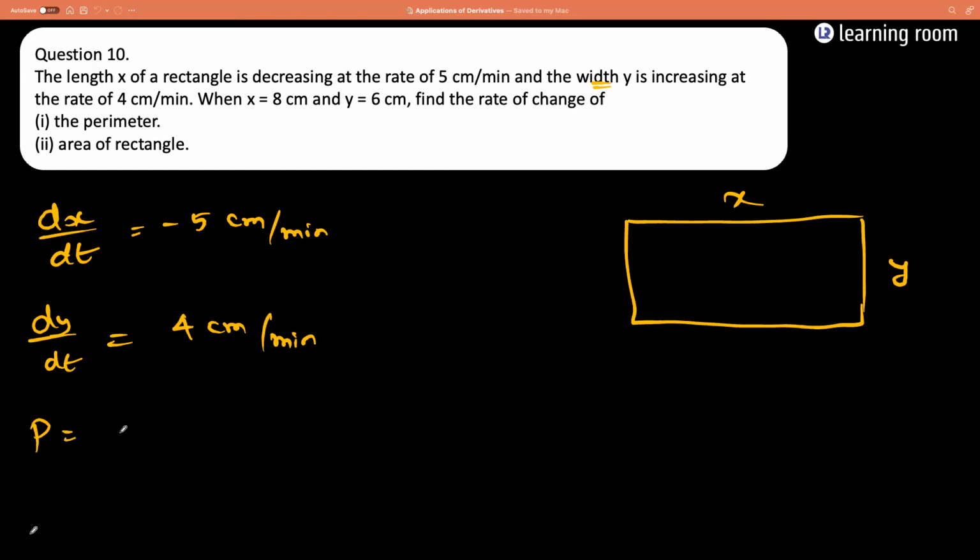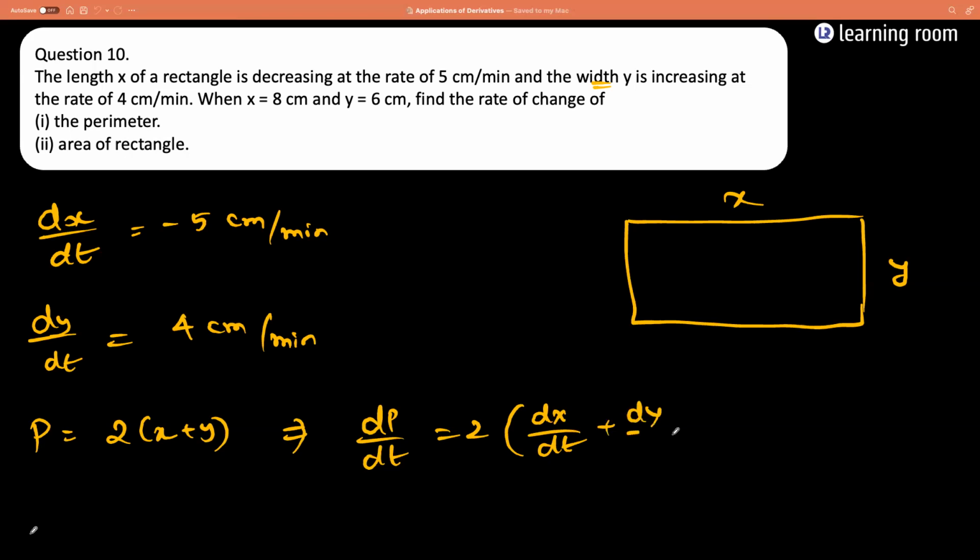So perimeter is what? 2 into x plus y, which implies dp by dt is equal to 2 into dx by dt plus dy by dt. So 2 into dx by dt is minus 10 plus dy by dt is 4. So minus 2 centimeter per minute, because perimeter is also measured in centimeter.